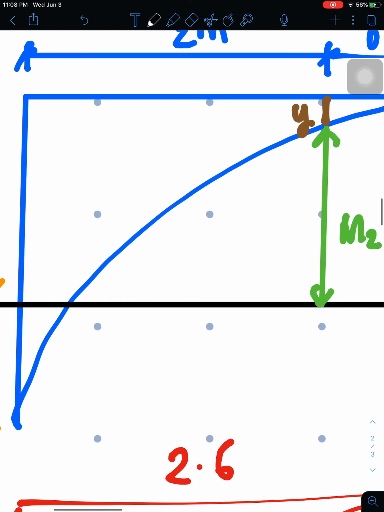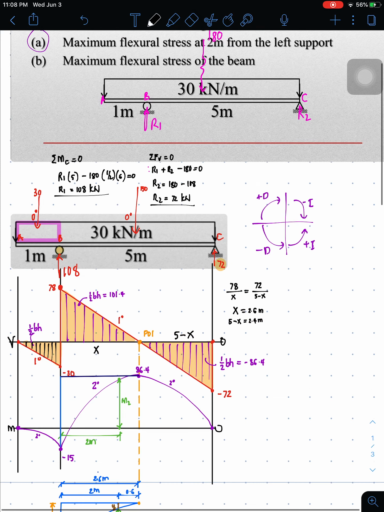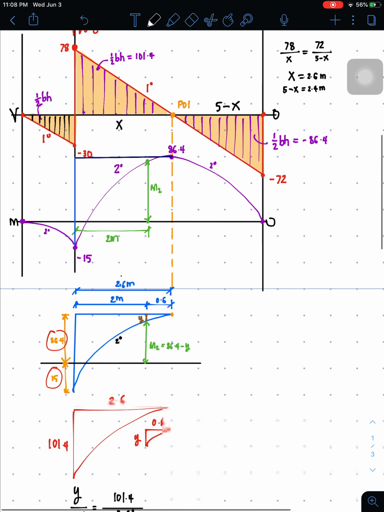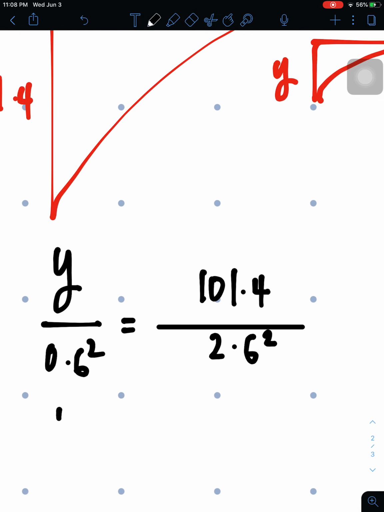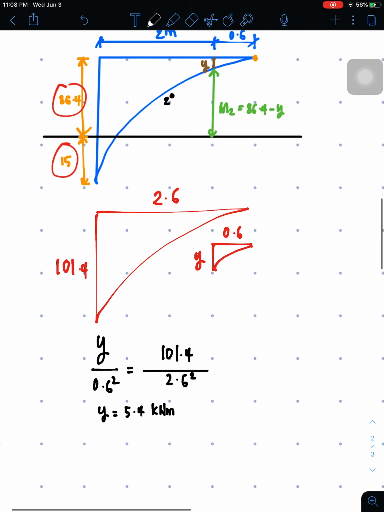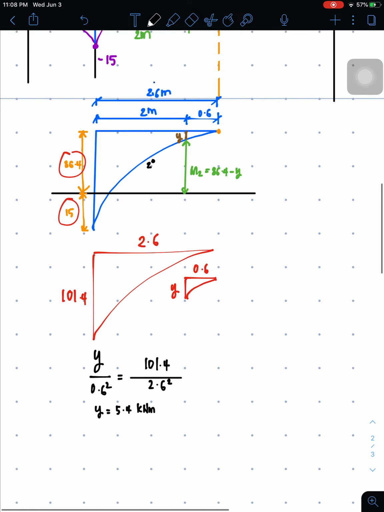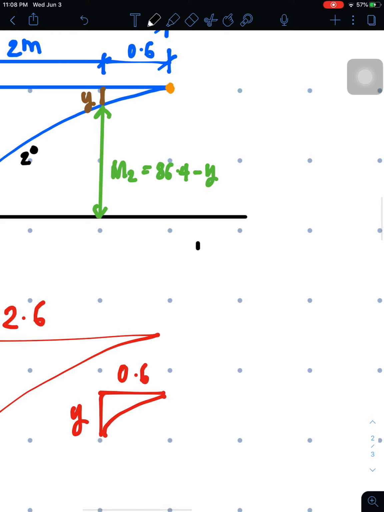By the way, why is it squared? Because the degree of curve here is 2 degrees, as you can see. So it's squared. So how much is y? It's 101.4 times 0.6 squared divided by 2.6 squared. The value is 5.4 kilonewton meters. We can now substitute that y value. So we can now solve for M2.